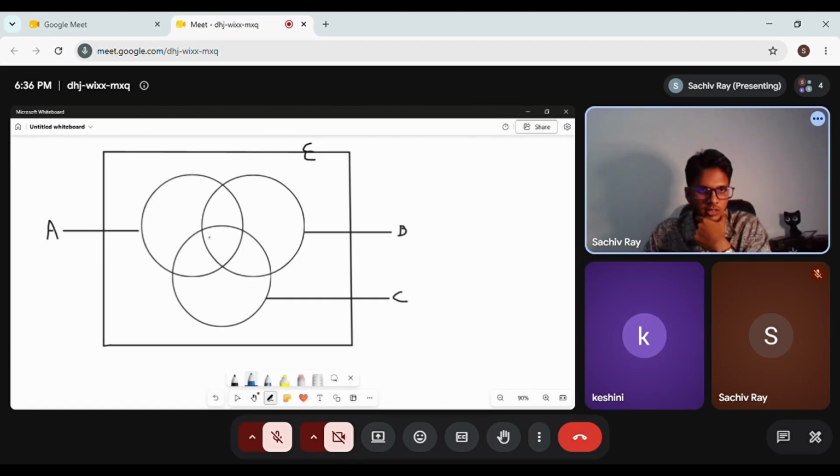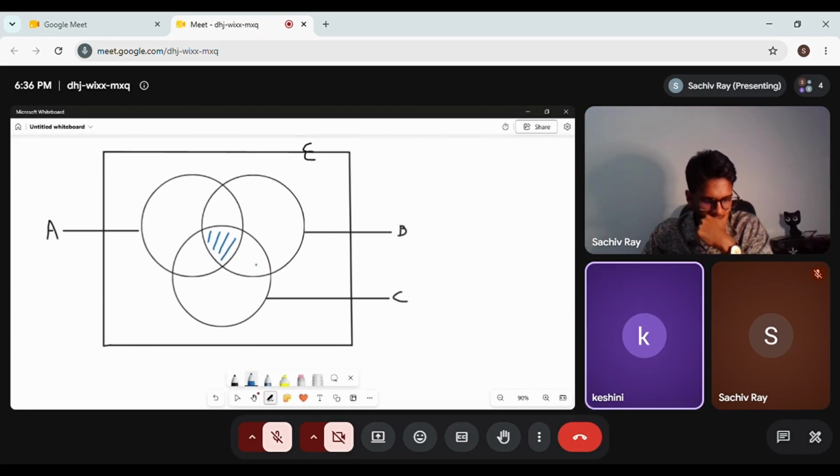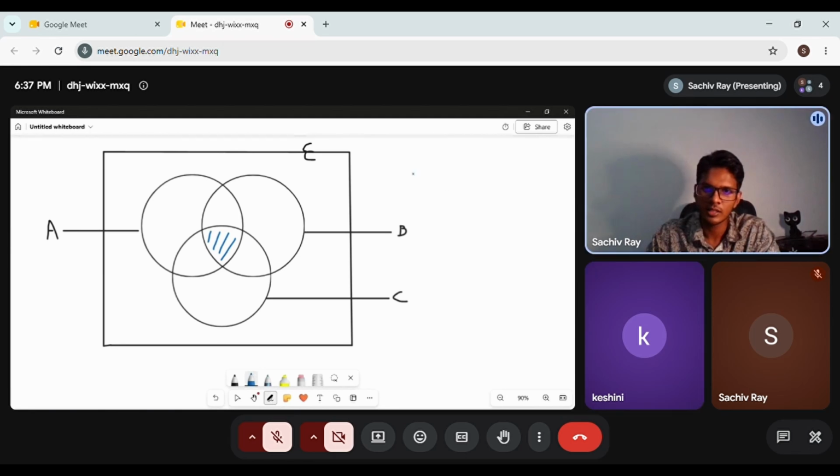What about this? If you had a pair of sets like this, and you color the one in the middle, what would it be?